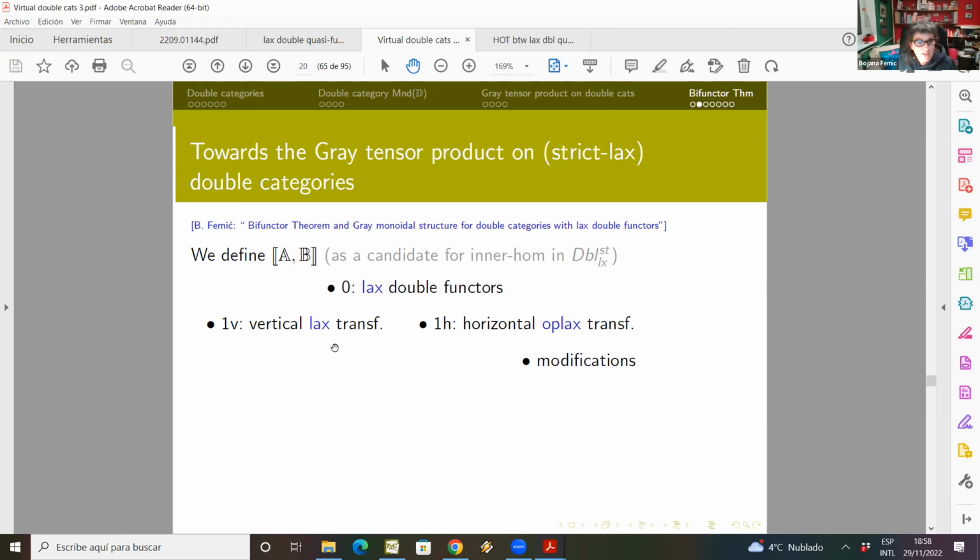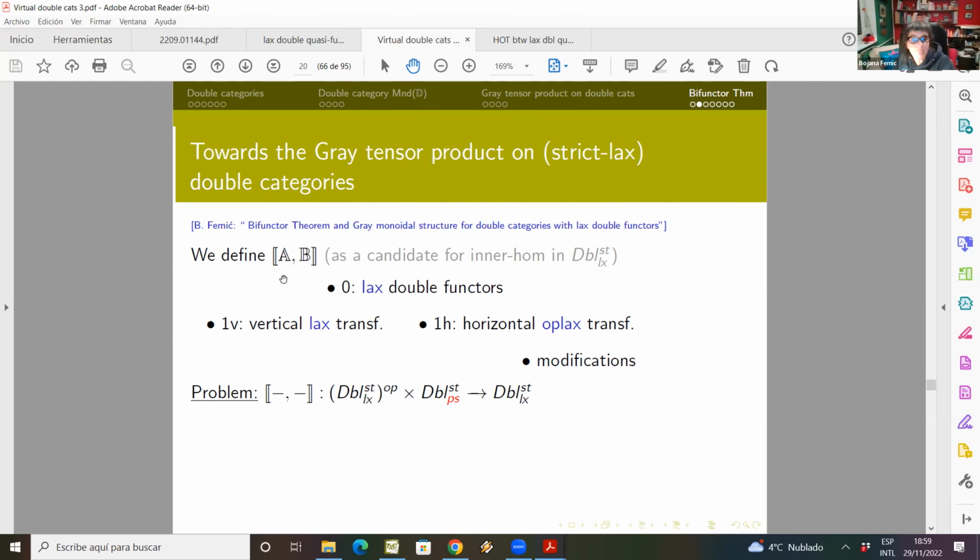Okay, so this is nice on the level of 0 cells or double categories. So we do have this double category AB, inner home. But now the problem comes when you want to have the Gray tensor product, that this should be a bifunctor on your category of double categories and lax functors. And here's the problem, because on the level of 0 cells, as I said, it works fine.